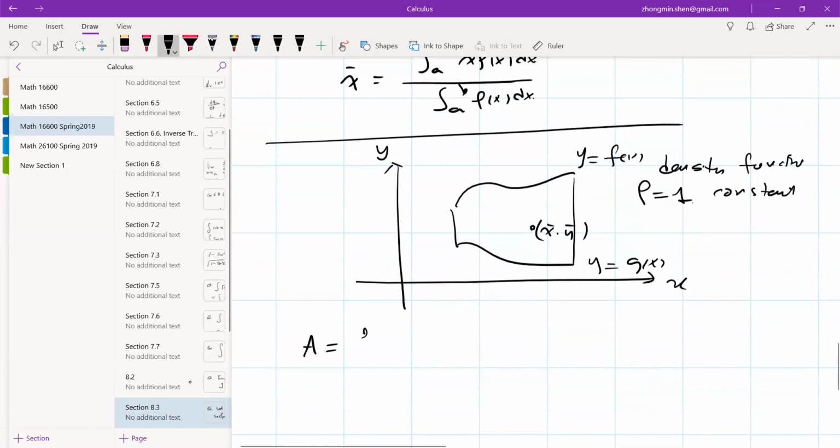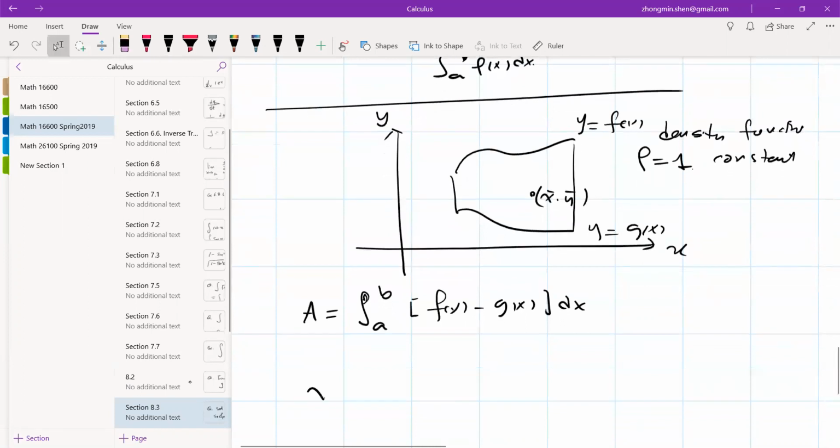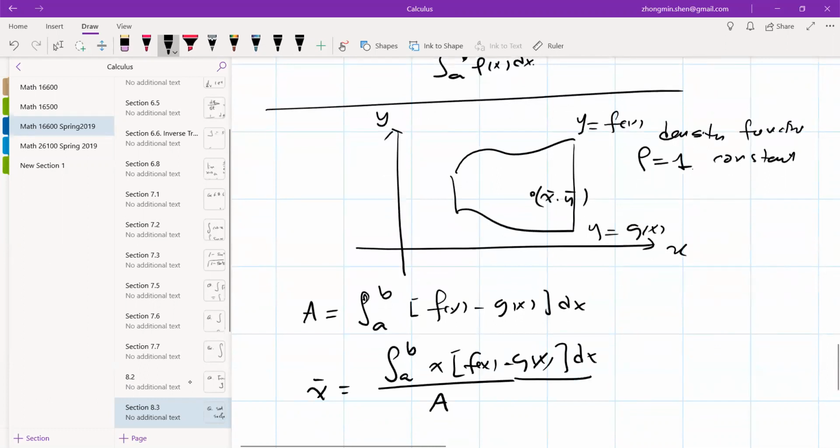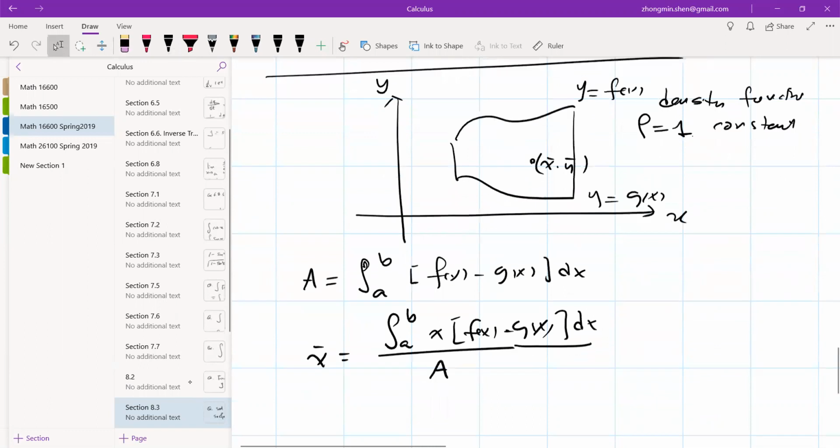First of all, A is the mass, the integral from a to b of f of x minus g of x dx. And x bar is going to be 1 over A times the integral of x times the difference of these two functions.